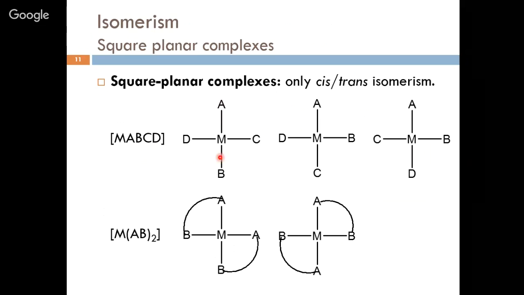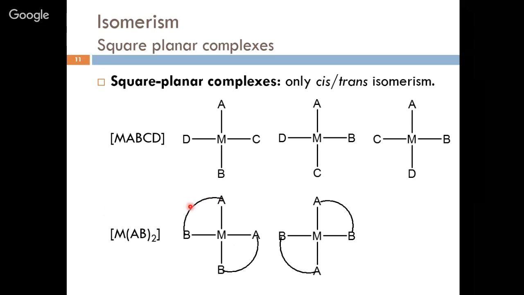We can have A trans to B, A trans to C, and A trans to D, and that pretty much takes care of all the possibilities. You can think about it differently, like think about what's trans to D, for example, but that pretty much sums up the 3 possibilities.